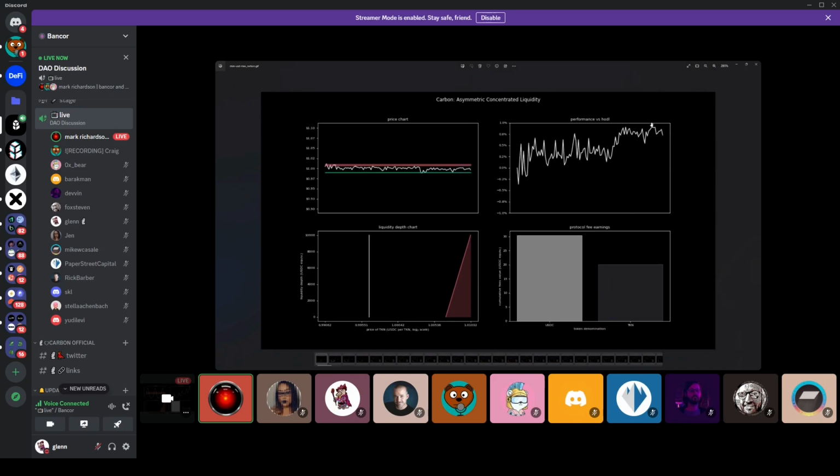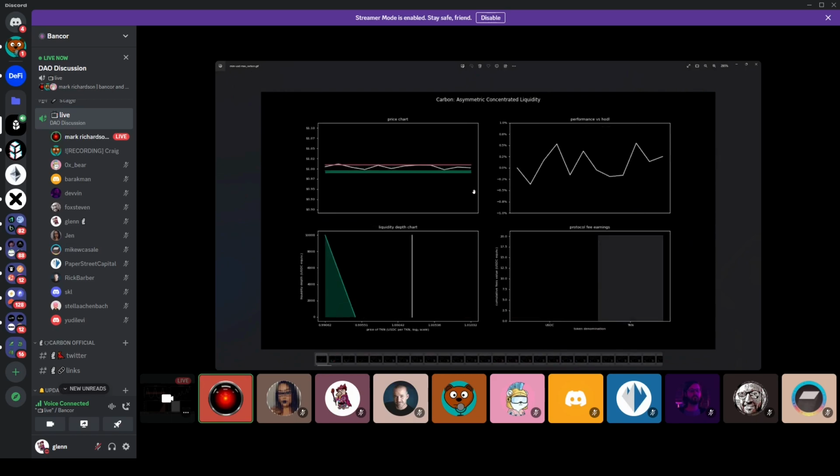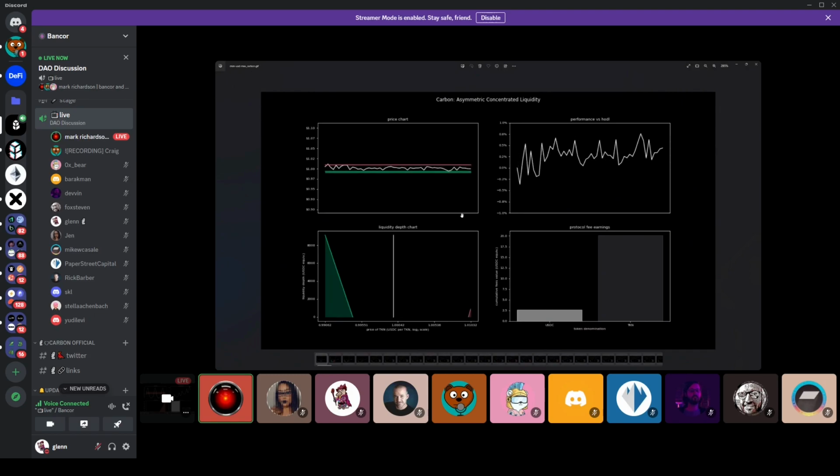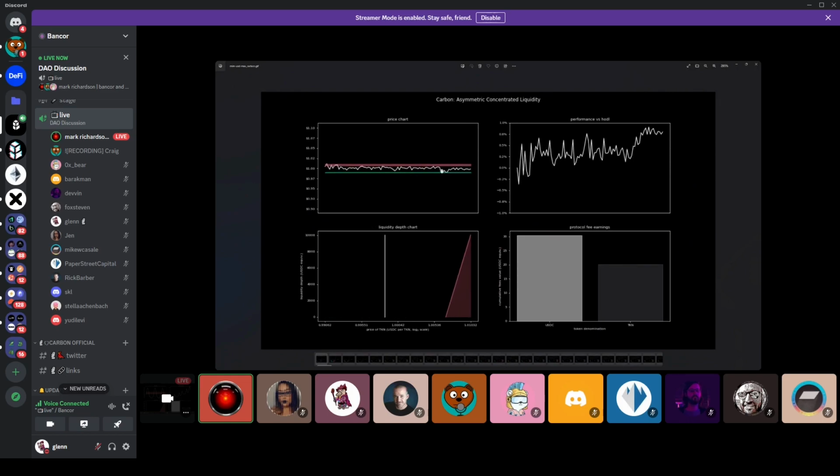But you can see here that it got to about a 1% return, fairly quickly. But yeah, again, for these types of stablecoin pairs, you're probably better adjusting these ranges so that you can get something that's much more sort of Carbon specific.